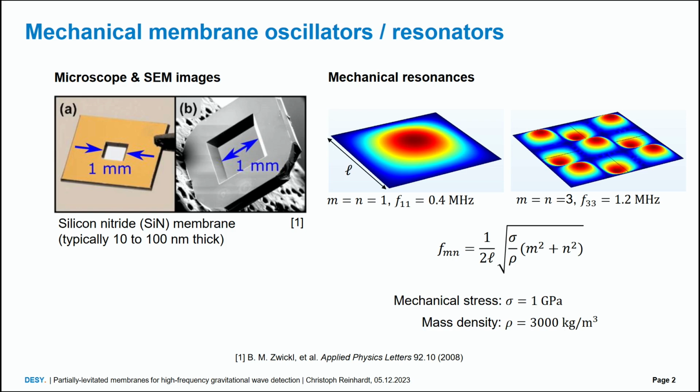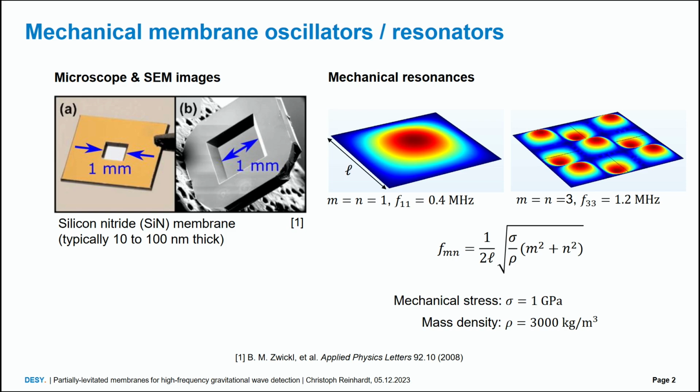Due to the extreme aspect ratio of these devices, the restoring force is not coming from the bending stiffness of the membrane, but it's really coming from the stress inside the membrane. So it's kind of a 2D version of a guitar string.